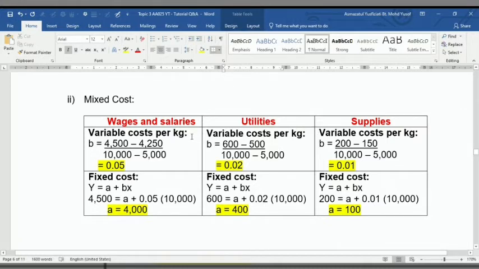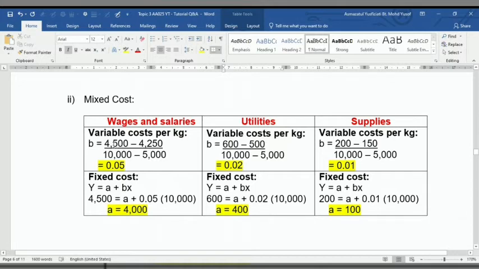Okay, because saya nak jimatkan ruang, so I make the kotak. Okay, so there are 3 mixed costs. Those are wages and salaries, utilities, and supplies. So for wages and salaries, okay, we calculate the variable cost first. Okay, the formula is same. That means the highest cost minus the lowest cost divided by the highest unit minus the lowest unit.